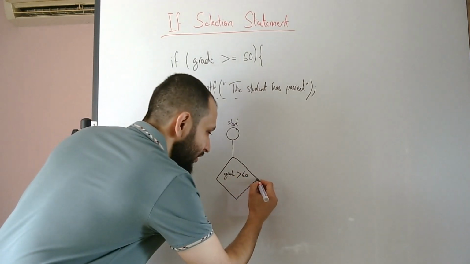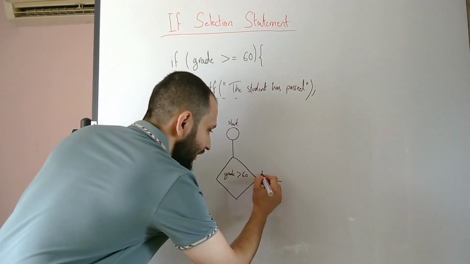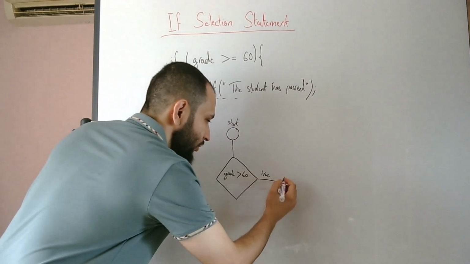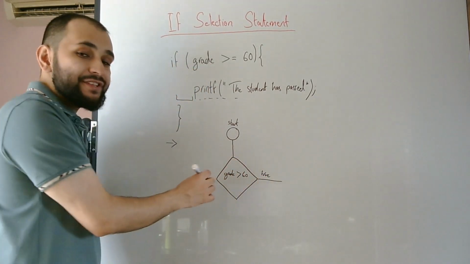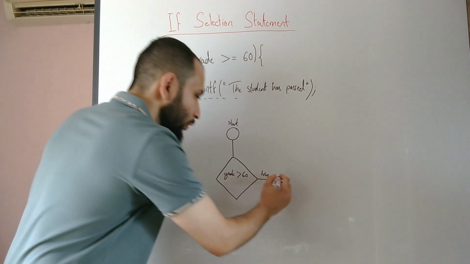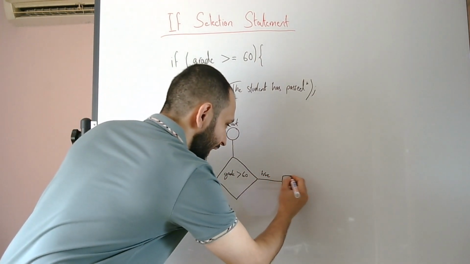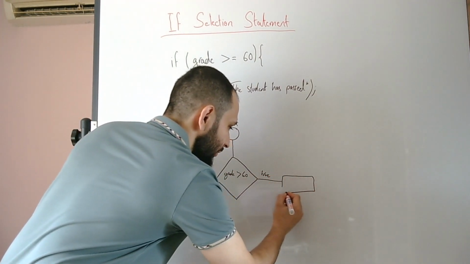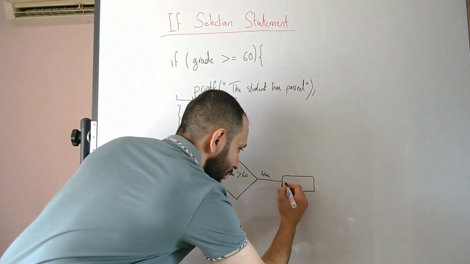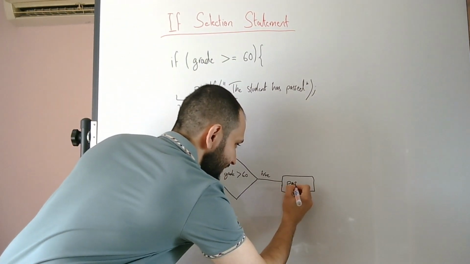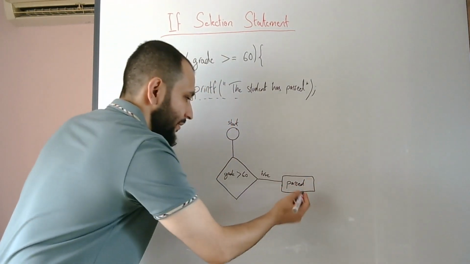If this condition is true, in here, this is the true branch of our if statement, we are going to take some action. The action is going to be here in this rectangle. We are going to print passed, or the student has passed, or something like that.